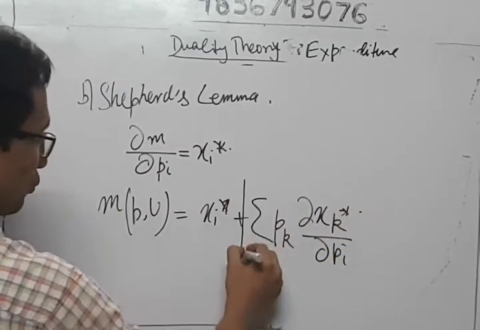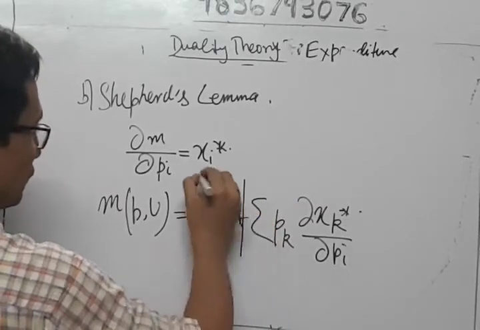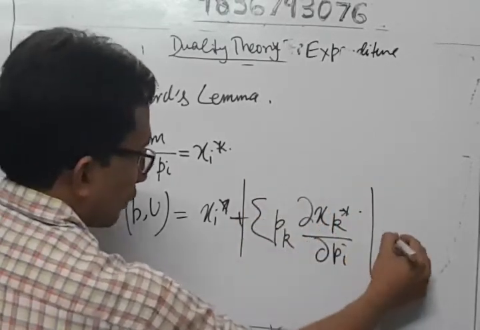So to derive the result, we need this second part to be equal to 0.